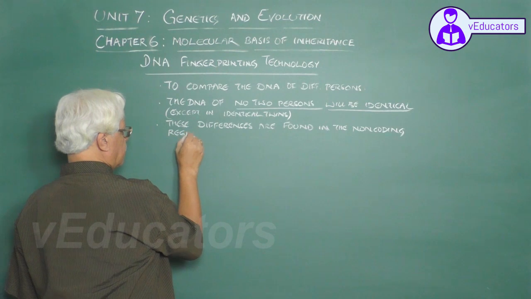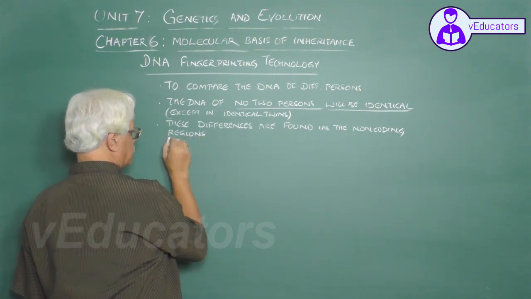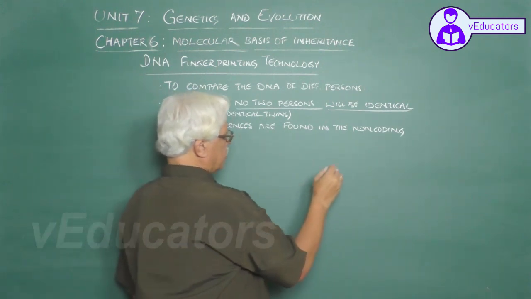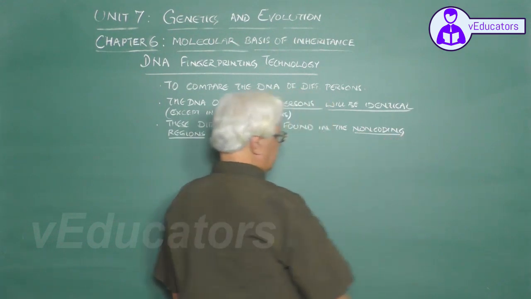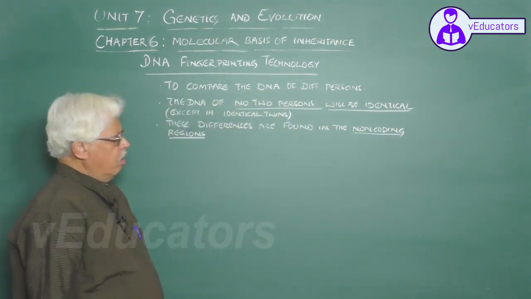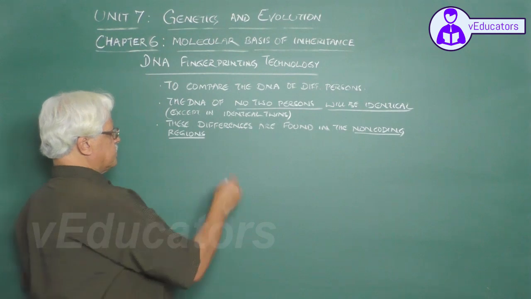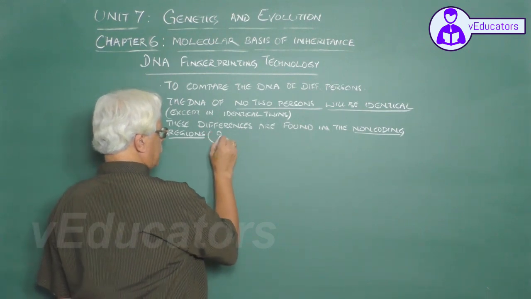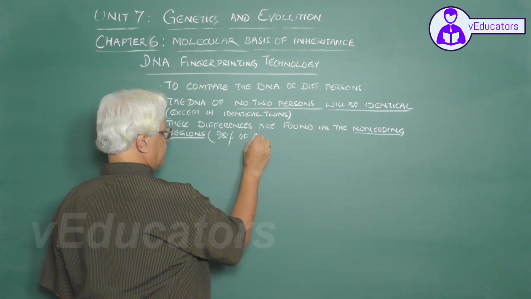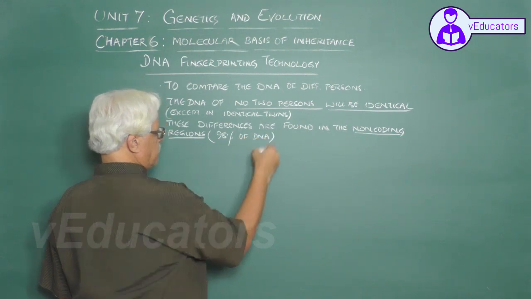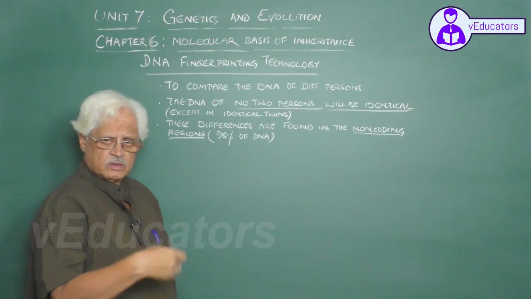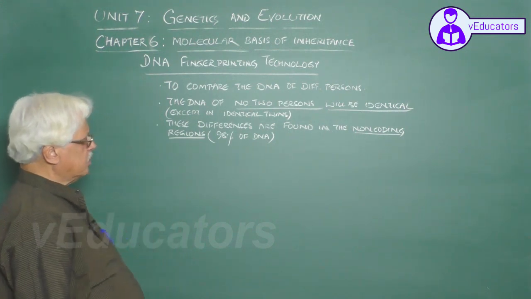Regions which do not function as genes. In the non-coding regions, that is, about 98% of the DNA, hardly about 2% functions as genes.